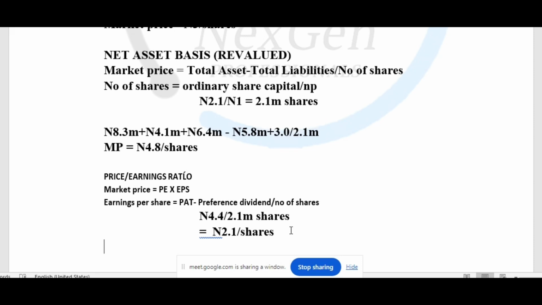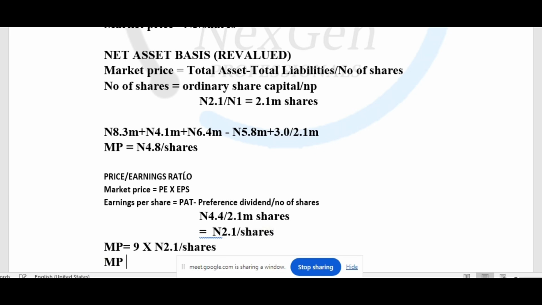We cannot have two unknowns. So market price is equal to the PE ratio, which is 9, times the earnings per share.